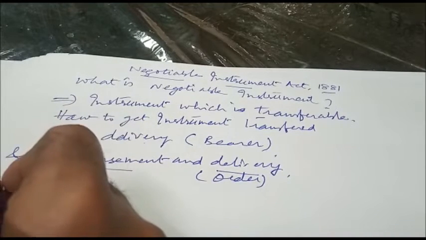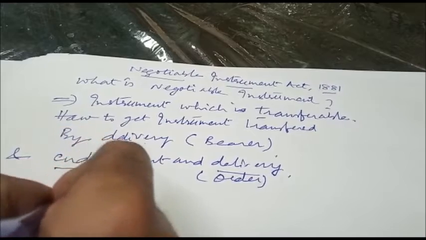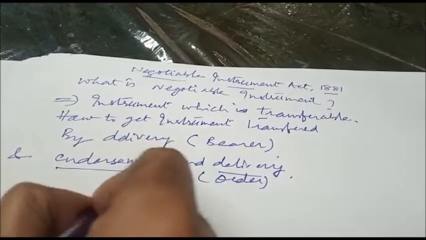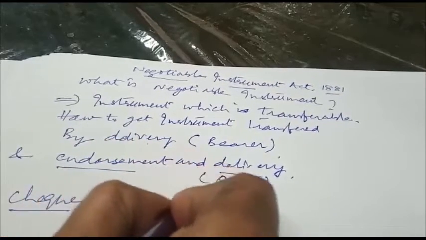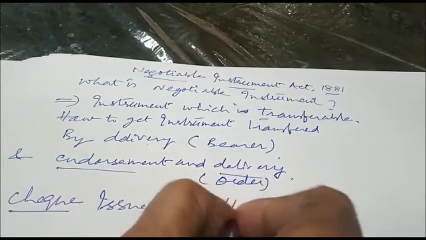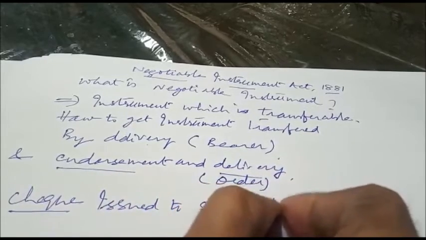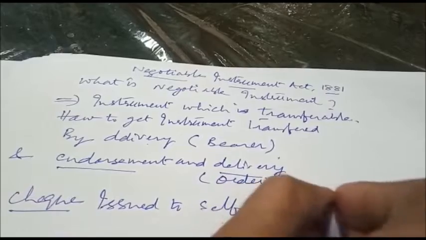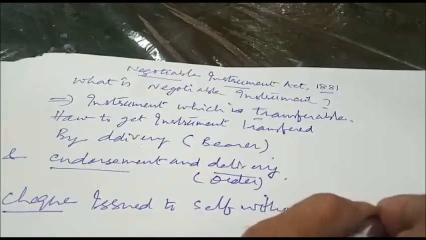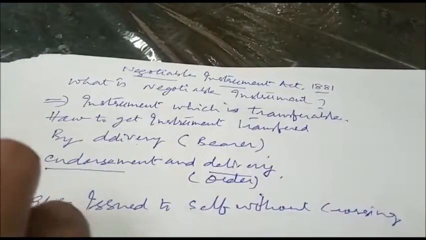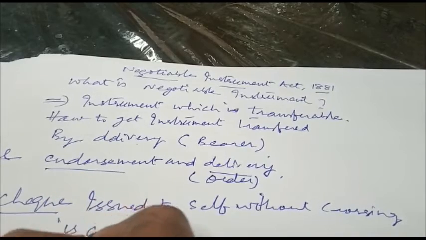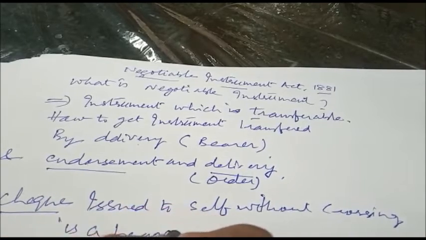For example, a check issued to self without crossing is a bearer instrument.